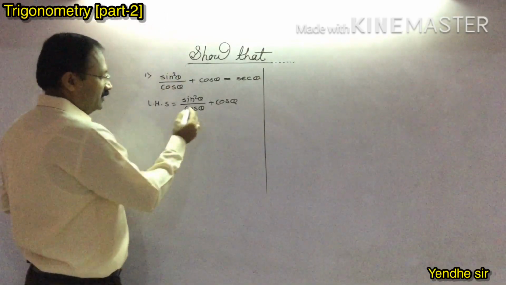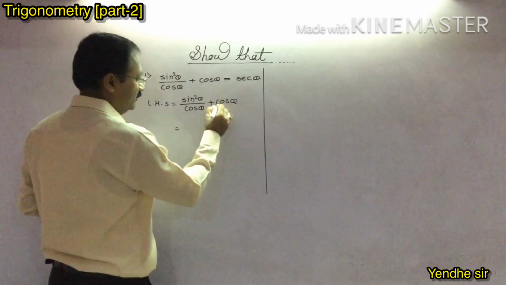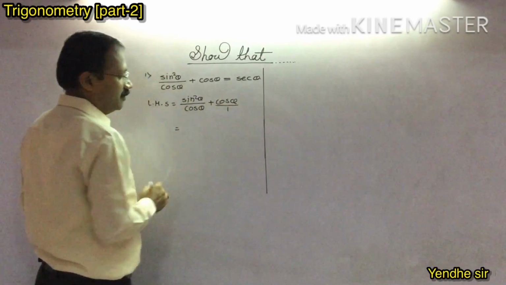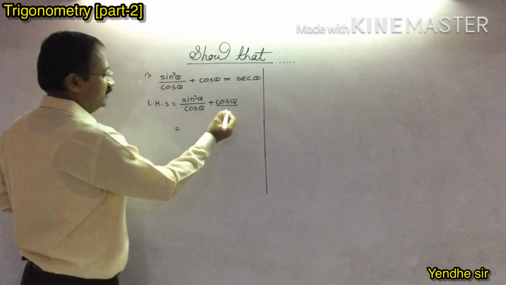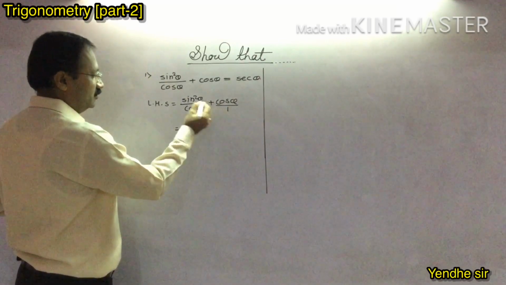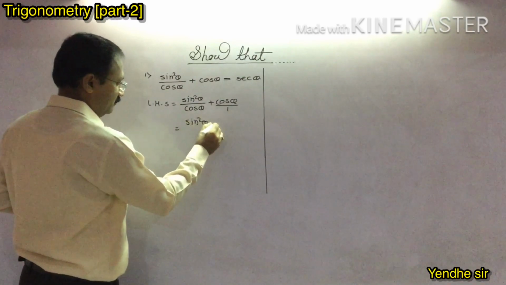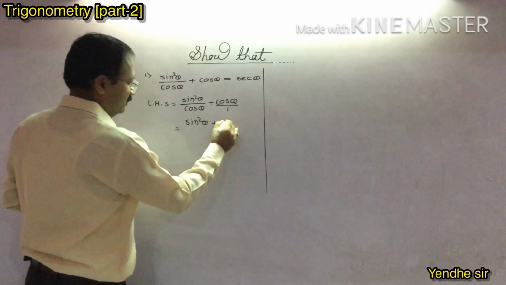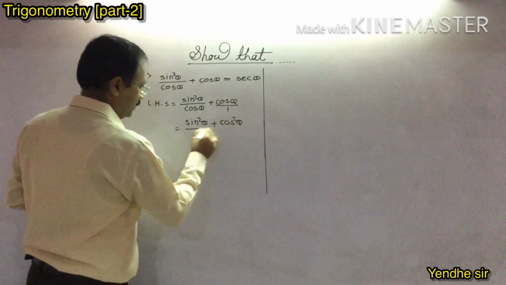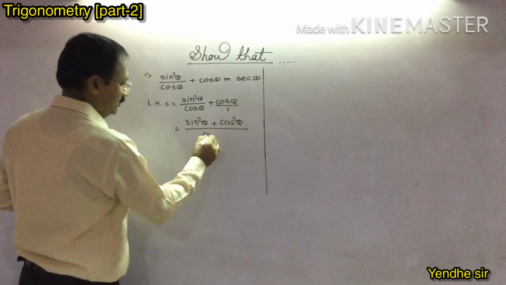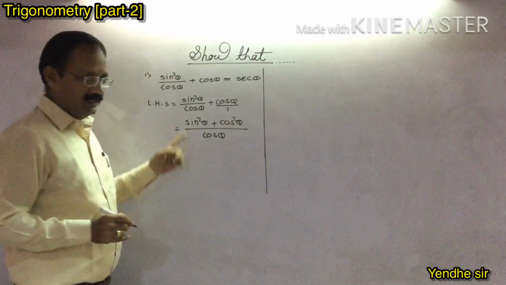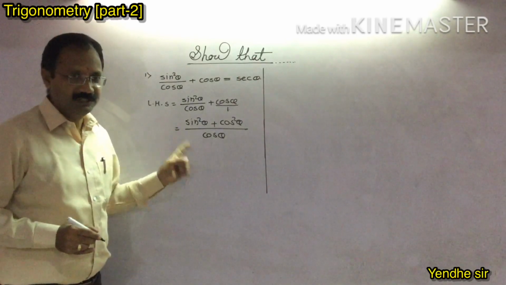Here the first term has denominator cos theta and the second doesn't, so I am going to take it as 1. These denominators are not the same, so I am going to cross multiply. 1 into sin square theta, sin square theta, plus cos into cos will be cos square theta, upon cos theta into 1, cos theta. Okay, this is our rule number 3.